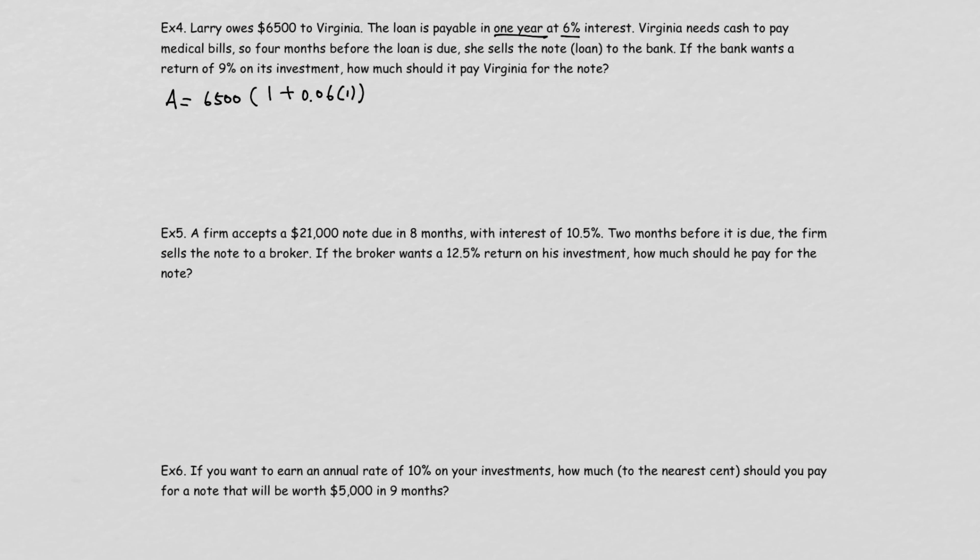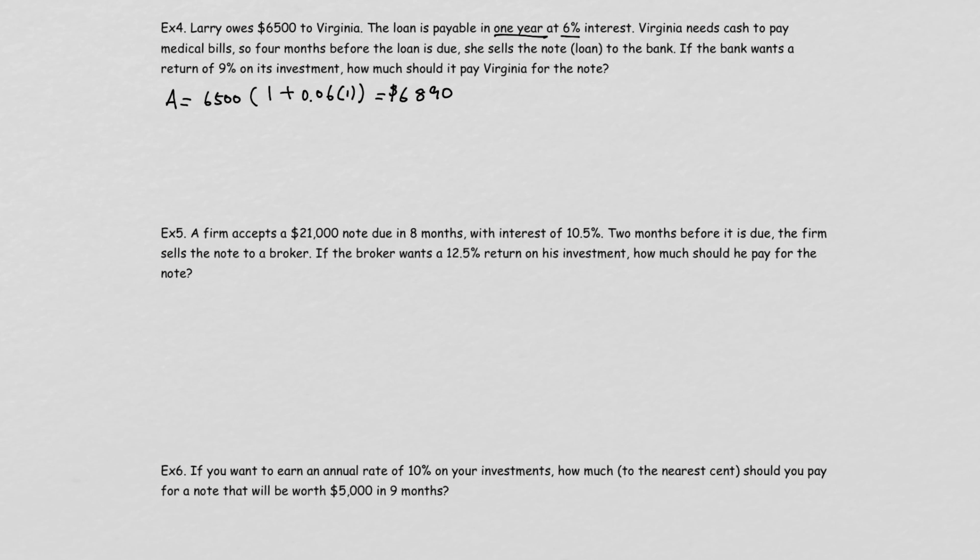When you plug in this number into the calculator, it's the same as 6,500 times 1.06. You get 6,890. So this means in 4 months, the bank will receive this amount, right?